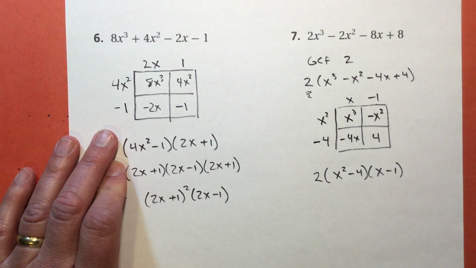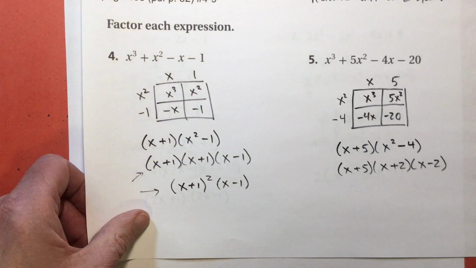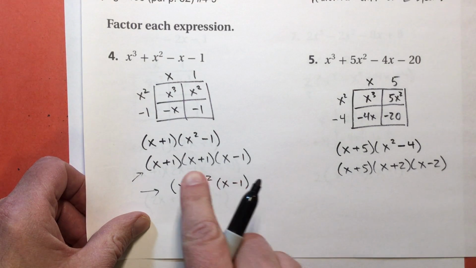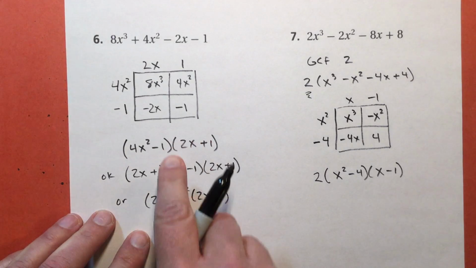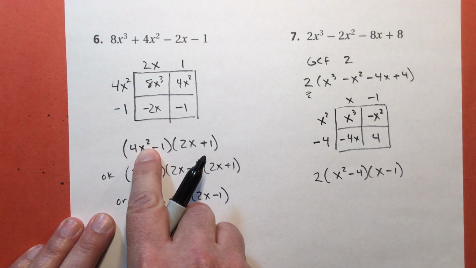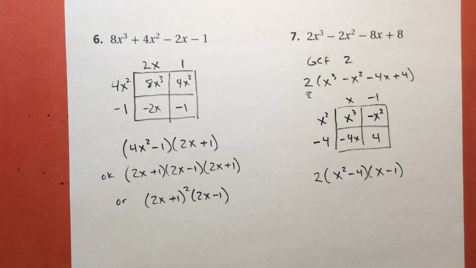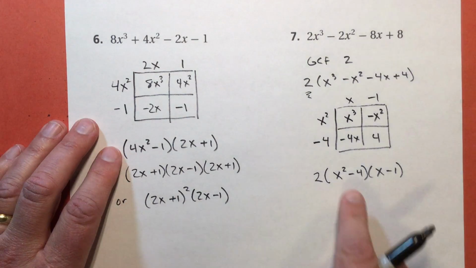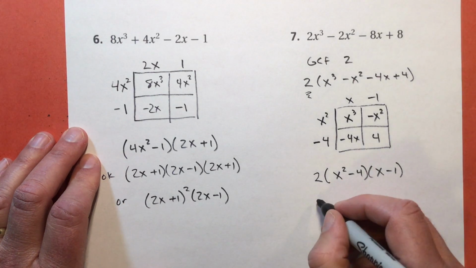Now let's check to see if I can keep factoring. And here's another clue to let you know if you should check it. Every single time when I had x to the second power, I need to check to see if I can continue factoring that. And one more time, this is x squared subtract 4, which is the difference of two squares.